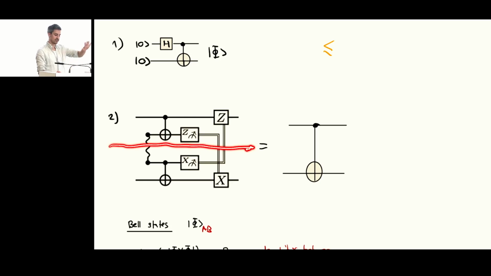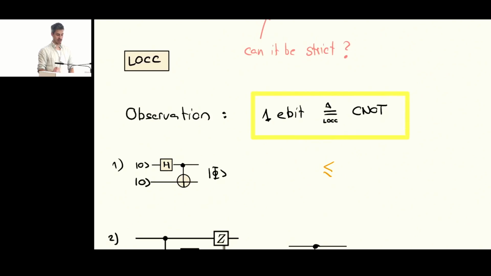So everything above the red line is, let's say, partition A, everything below is partition B, and there's only classical communication between the parties. Because this is a CNOT, which is proven in the gate teleportation paper, it's not super complicated, but it's a nice observation, this tells us that if we have a Bell pair, we can also create a CNOT with LOCC. So it's actually then this inequality here, and therefore we have an equality here.